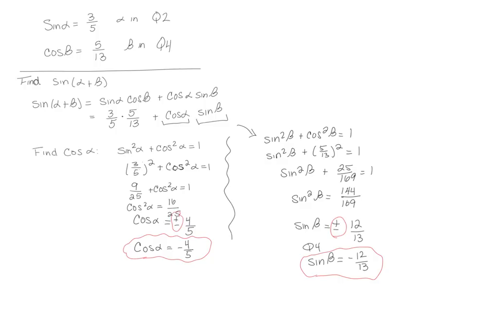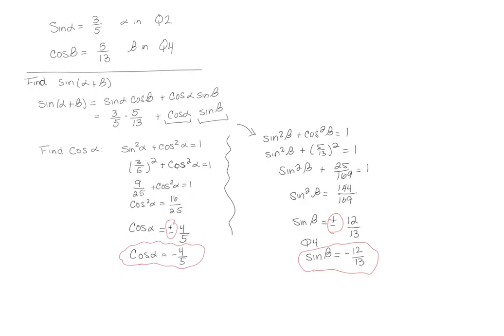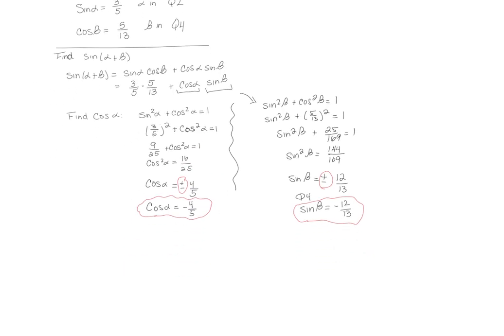All right, so why did we need this? Because if we look back to where we were up here, we only had some of our terms. So we have 3/5 times 5/13 plus cosine of alpha, but that's negative, so -4/5 times -12/13.